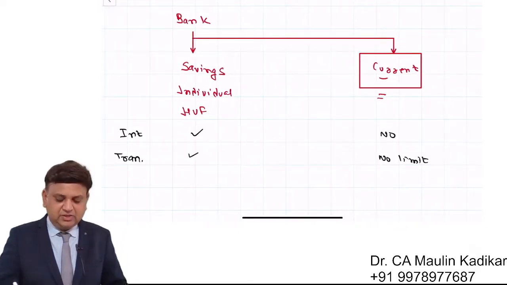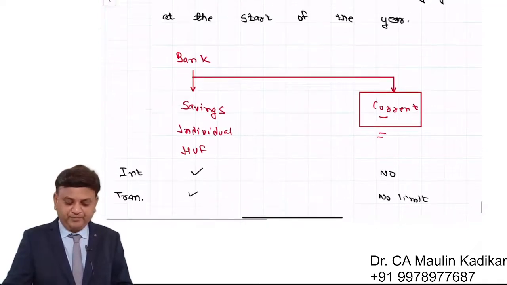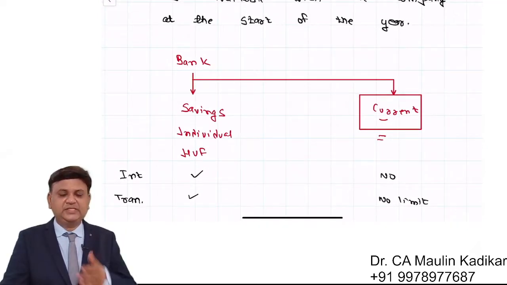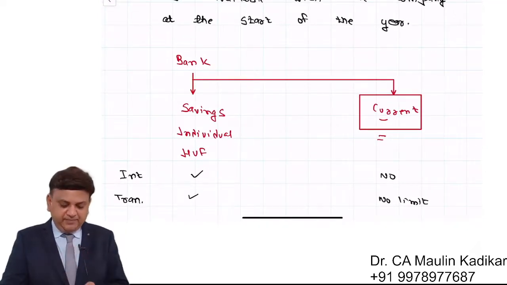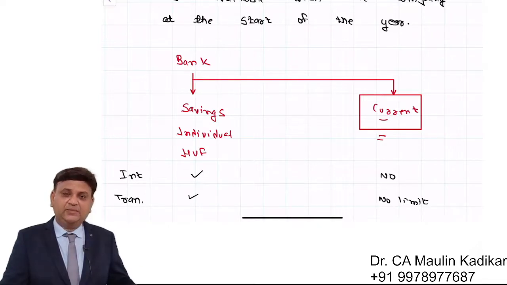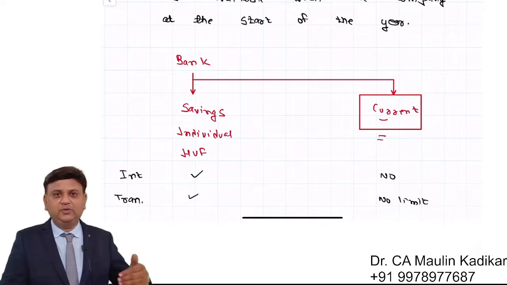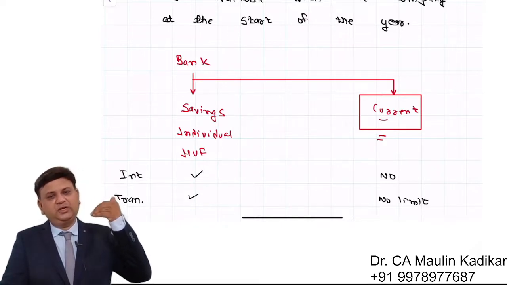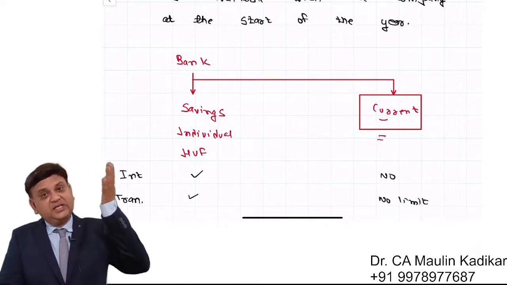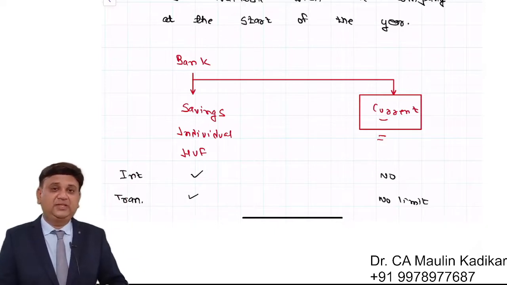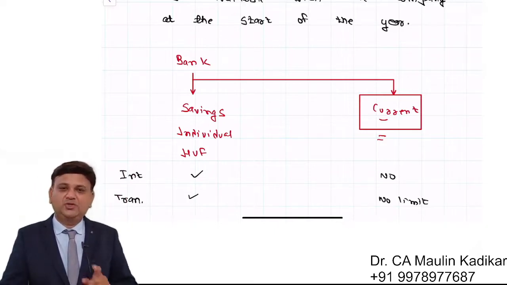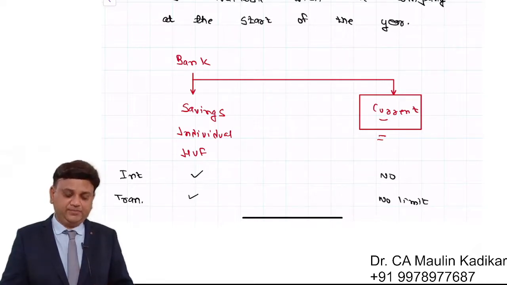However, the transactions are also limited. So basically, for a company, keeping the funds in the current account in the month of April, which is going to be used in September, October, November, or in the next year January, that is foolishness. So we should not keep the funds in the current account.